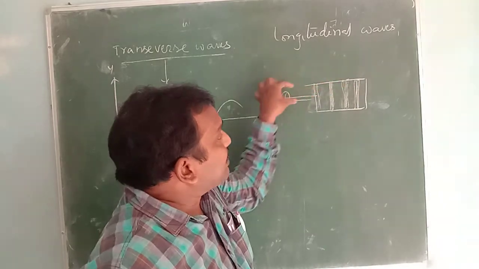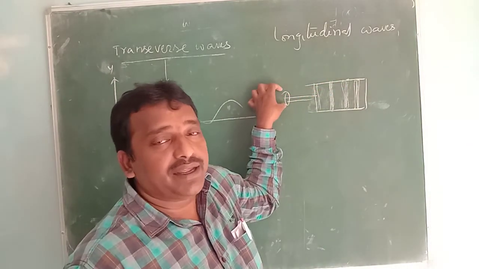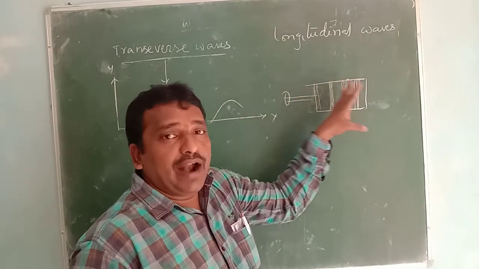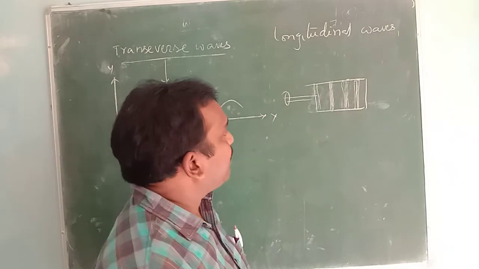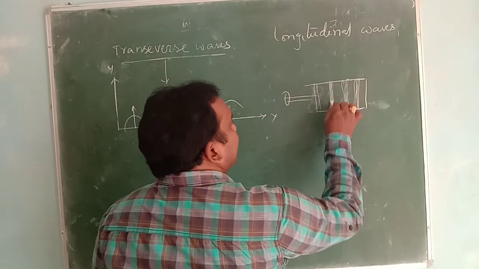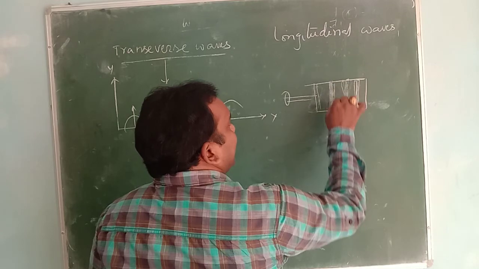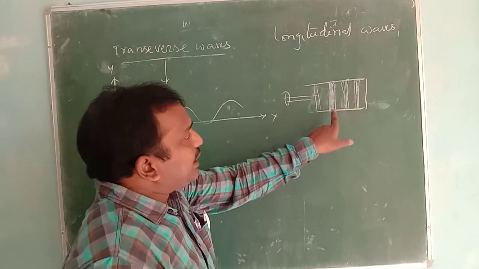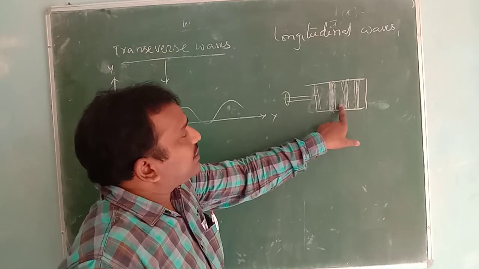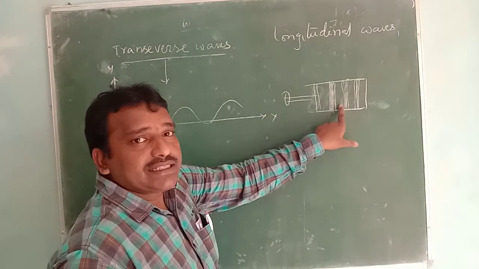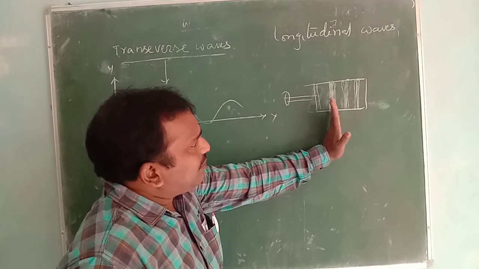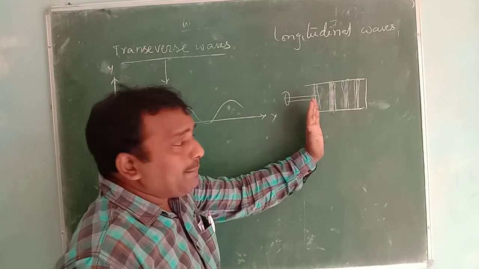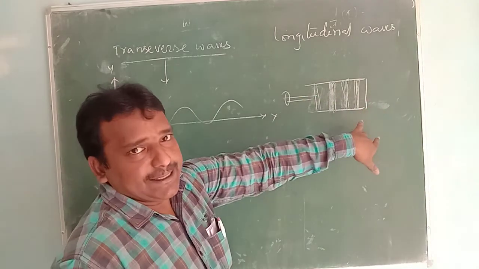When the piston is periodically moved to and fro, as a result the particle density will be more here and less here. So the motion of these molecules will give pressure to the next particles.